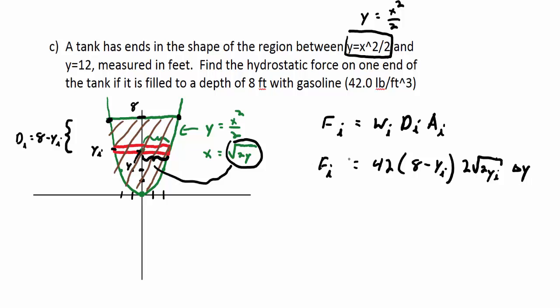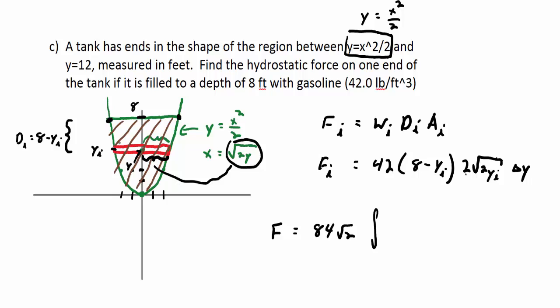Now, if we go ahead and multiply the 42 and the 2, what can we pull out? So for the force integral, the total force, what can we go ahead and pull out? 42 times 2 is 84. But we could also split up the radical 2 y sub i and make the radical 2 outside. Integral, what are we integrating from? Height-wise. Think height-wise.